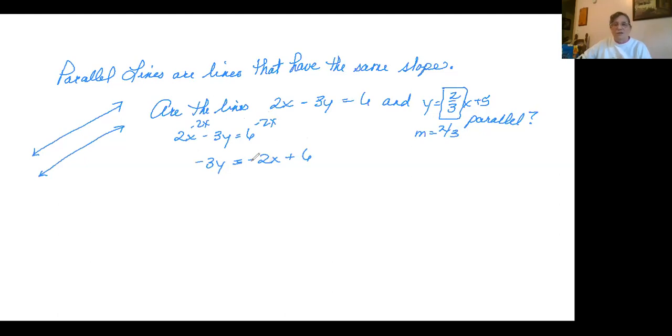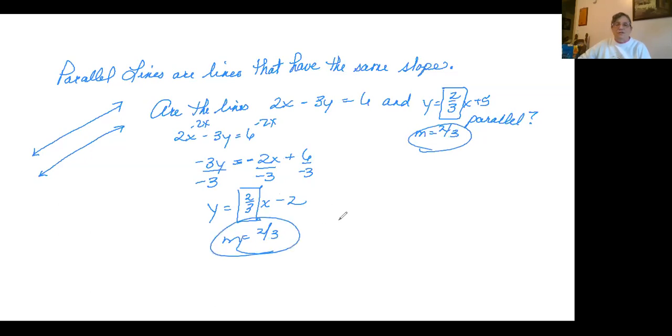It's not the first number or the second number, it's the one that's multiplied by the x. So if I divide by -3 all the way through, I'm going to get y equals a positive 2/3 x minus 2. The slope of this line is 2/3. The slope of this line is 2/3. So the answer is absolutely yes.